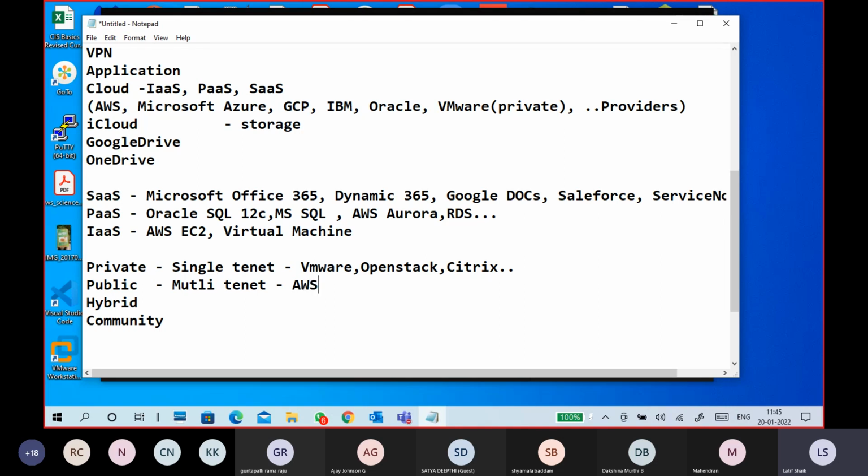Examples: AWS, Azure, Oracle, Google Cloud Platform, all these come under the multi-tenant type. So what does multi-tenant mean? It is the shopping mall type. When you go to a shopping mall, like in Hyderabad or Pune, there are big shopping malls.